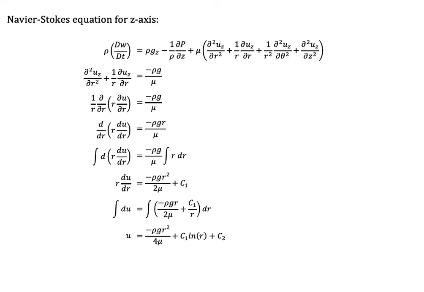So what we do is write down the Navier-Stokes equation for the z-axis. The common mistake for students is that when solving the Navier-Stokes equation in Cartesian coordinates, they only remember the x equation, and then they can apply it to y and z because the equation is the same, only the terms differ. But for polar coordinates, please make sure you remember all three axis equations.